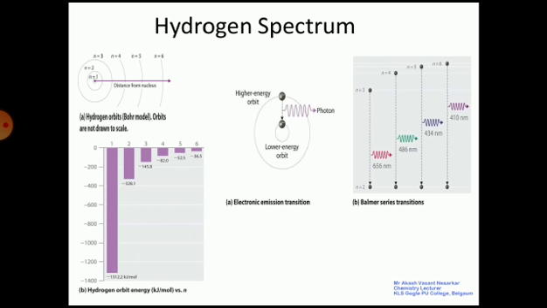First of all, when the hydrogen is subjected to electrical discharge in a gas discharge tube, the rose color light is emitted, and when that rose color light is passed through the prism, it gives different radiations which bend at different angles, and those are arranged in an increasing order. And when these radiations fall on a photographic film, we get a series of straight lines, and those series of straight lines is called hydrogen spectrum.